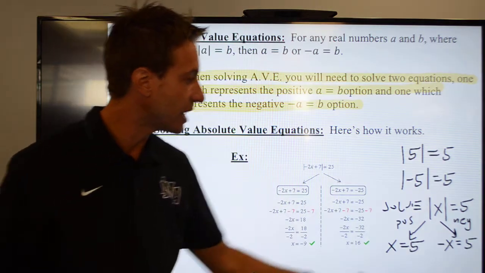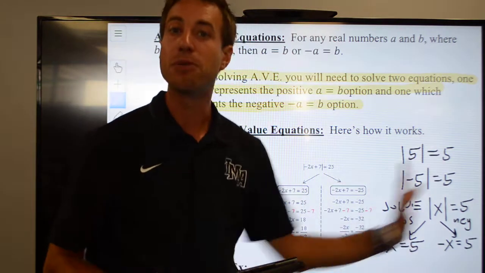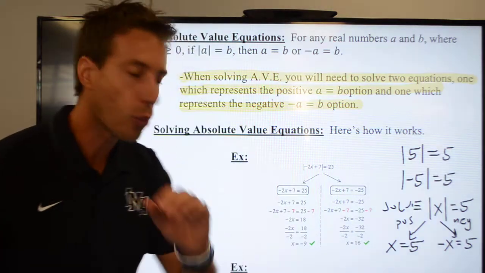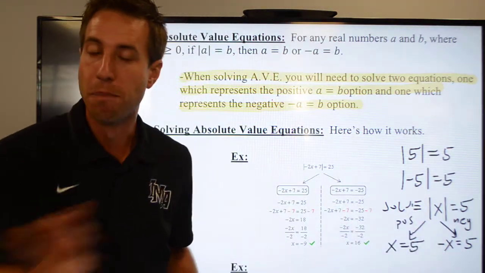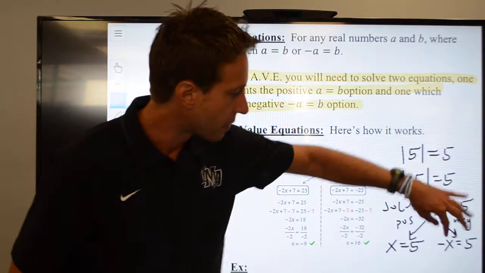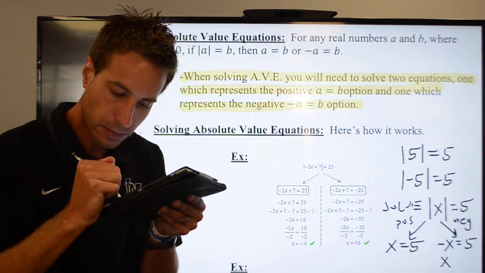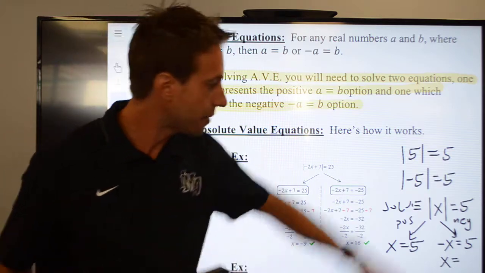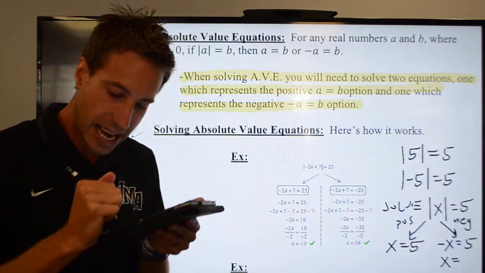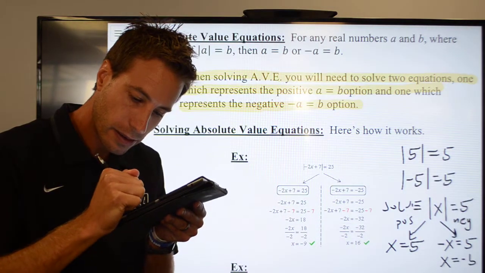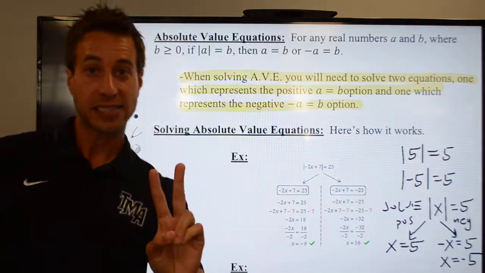Well, what I've got to do here, I can't leave that minus sign there. I got to move the minus sign to the other side. Well, the way you get rid of a negative is just multiply everybody by a negative. Negative times a negative is a positive x. Negative times a positive 5 is a negative 5. And here I now have my second solution.